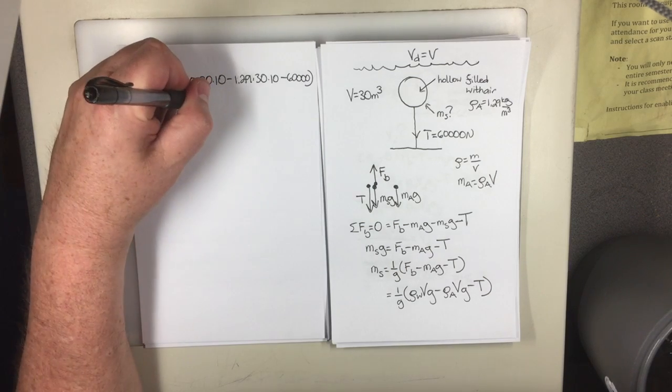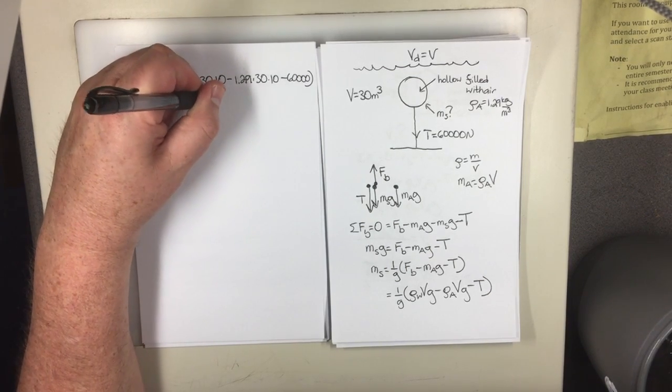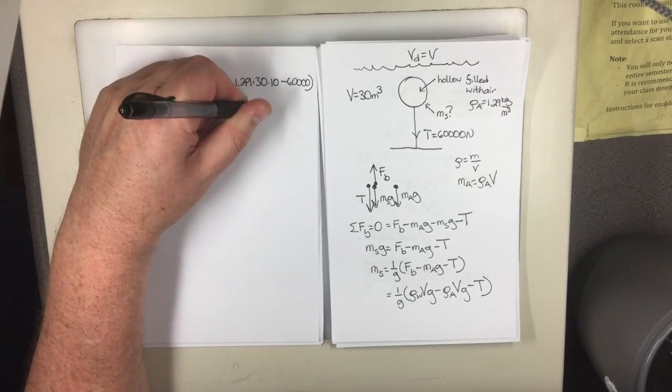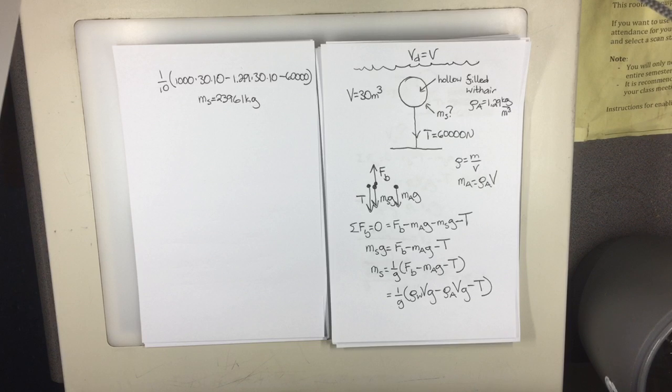And I get the mass of the shell is 23,961 kilograms. And so that's how you would do it.